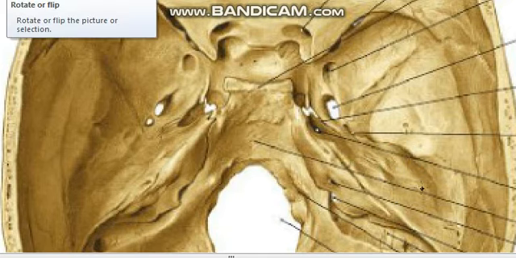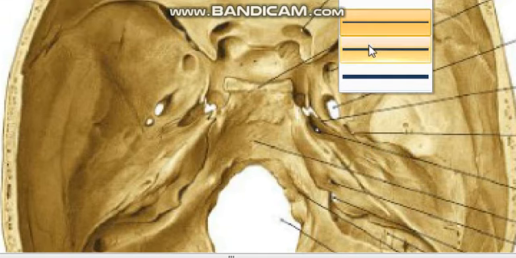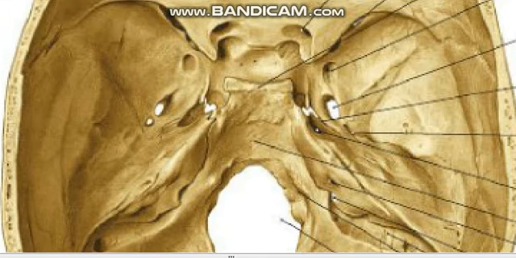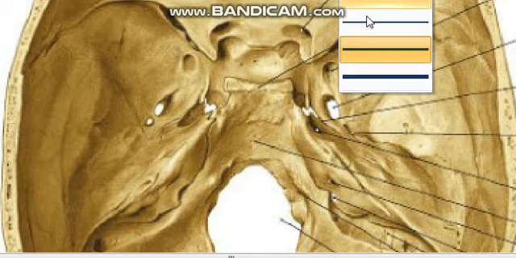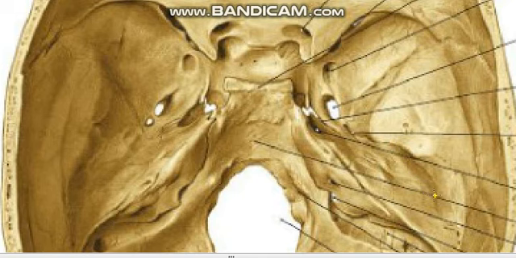What we are interested in is that over this tegmen tympani and close to the lateral margin, somewhere here, you have two other structures. Round about this part, you have two small grooves passing anteriorly, and these grooves are meant for two important nerves.